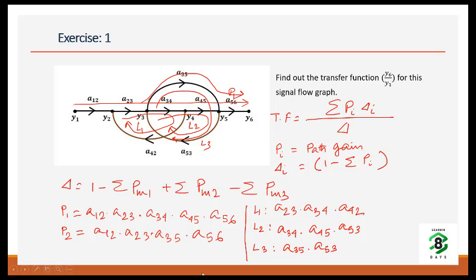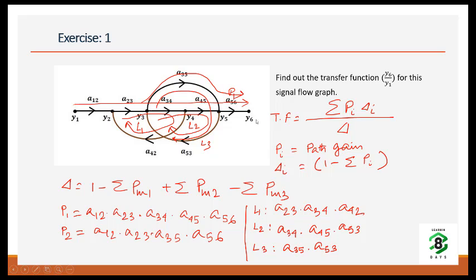Now we do not have any loop in this system which is not touching P1 or P2. All these L1, L2 and L3 are touching both P1 and P2 because they have a common node.